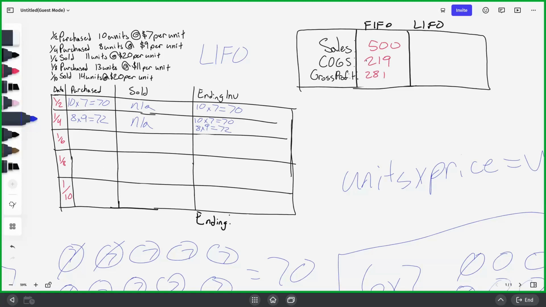So this is where we start getting into the fun part. Nothing is purchased, but we're talking about what was sold before. Again, the best way to set this up is knowing, okay, if I'm going to be selling 11 units, make this little equal bar with 11 at the end. And set up, all right, we have units for $7 and we have units for $9.